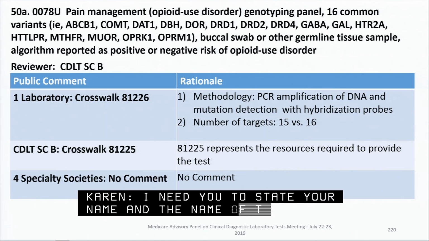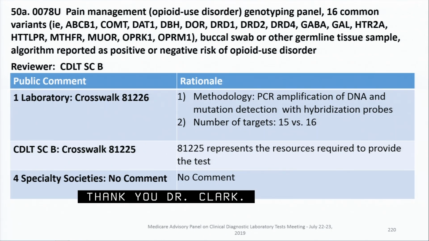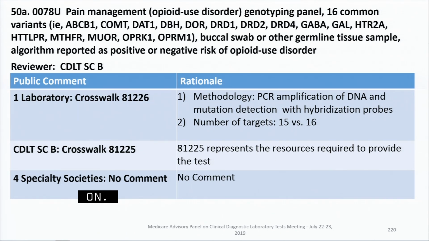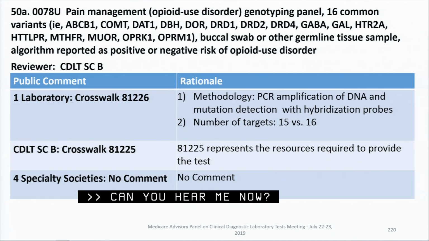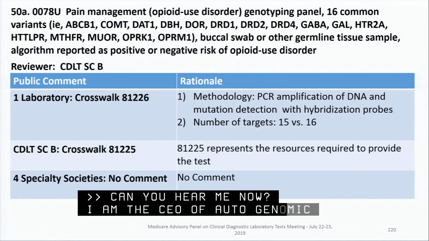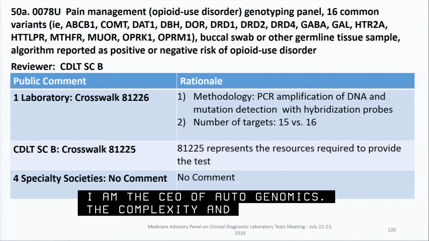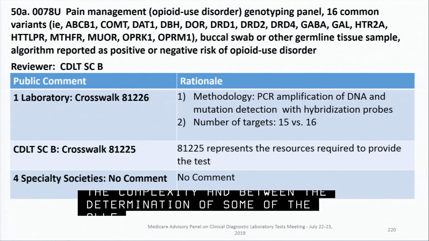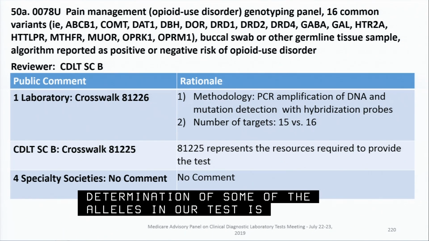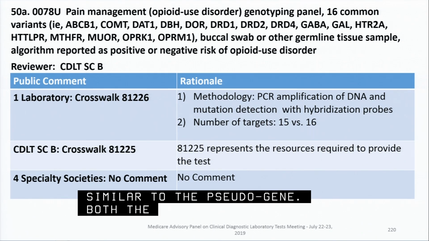You have to turn the mic on. Can you guys hear me now? Yep. Kerry Donaldson, I'm the CEO of Autogenomics. So the complexity in the determination of some of the alleles in our particular test is more similar to the pseudogene, both the duplication, or the lack of a genetic code that's in 2D6.